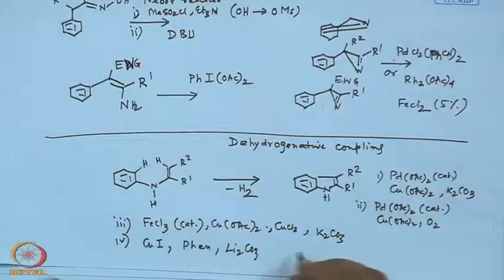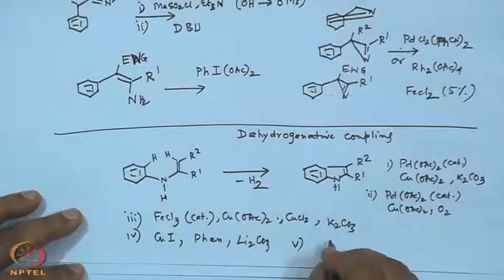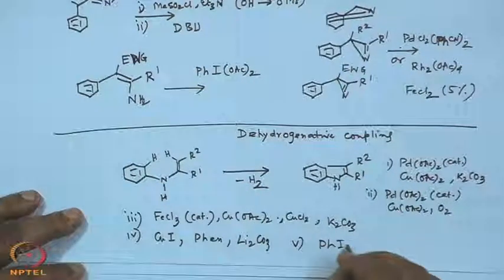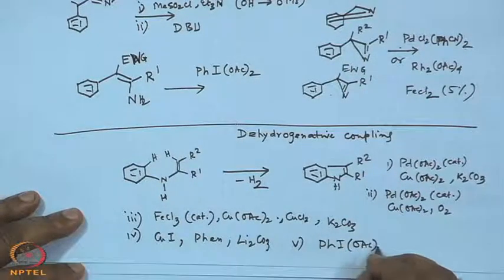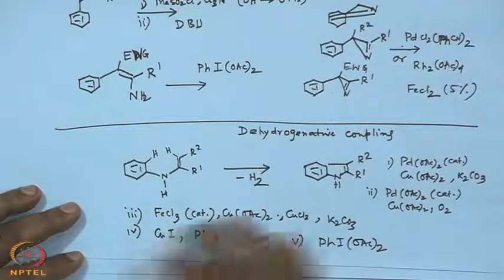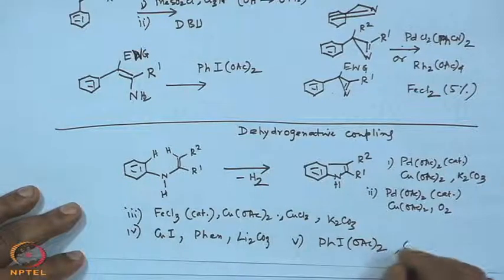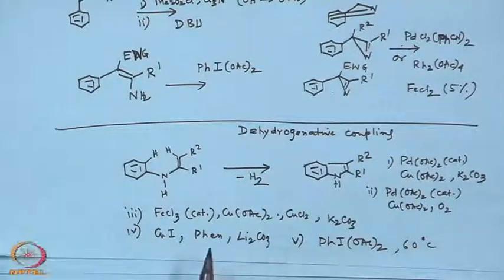Or orthophenanthroline, I think okay fine, we will take it as orthophenanthroline. So, like this there are many more combinations. I will stop here, and of course, one more very popular one is this phenyliodine diacetate. This has also been used, and that too at a pretty low temperature, at 60 degree centigrade.